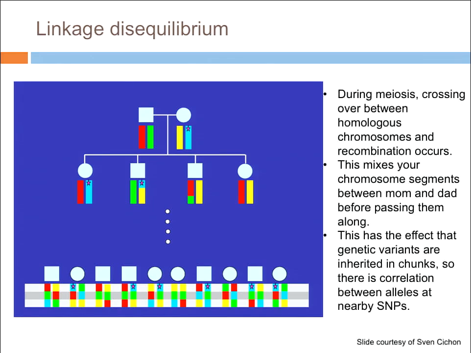And as you're creating this mixing, it has the effect that genetic variants are inherited in chunks, such that there's a correlation between alleles at nearby SNPs. So this is a very important feature of the genome because you get chunks of variation that are inherited together. And that means that when you measure a particular genetic variant, you're not just measuring that variant, you're also measuring the variants that are correlated with that variant.